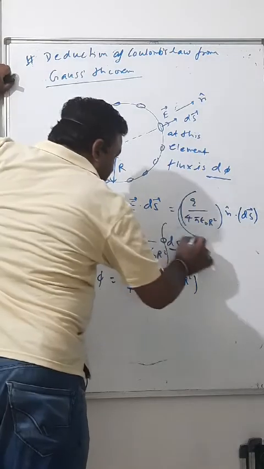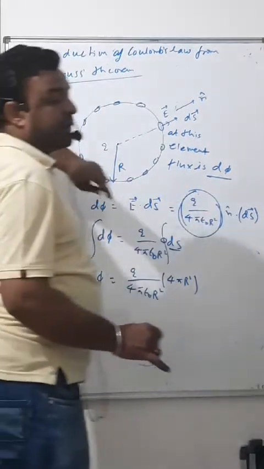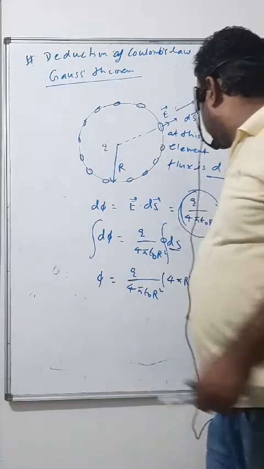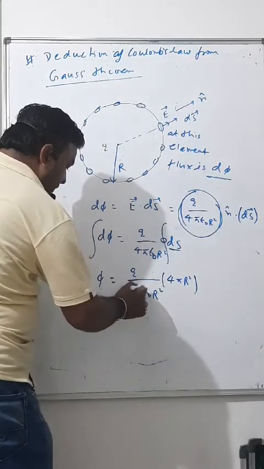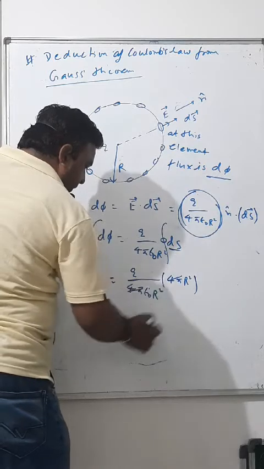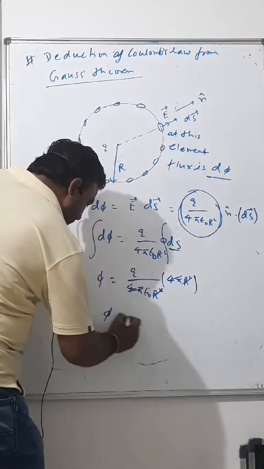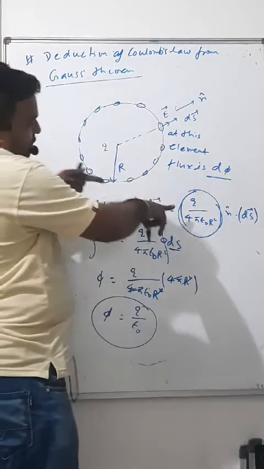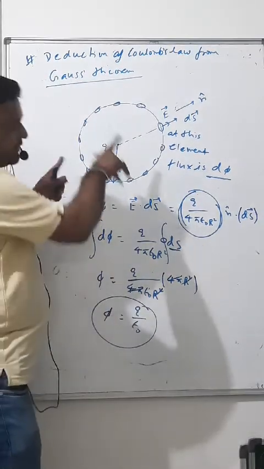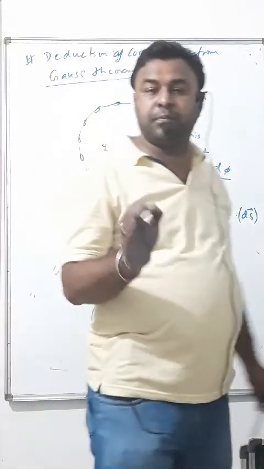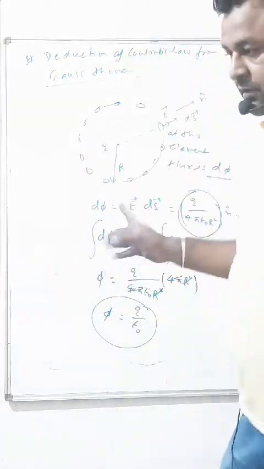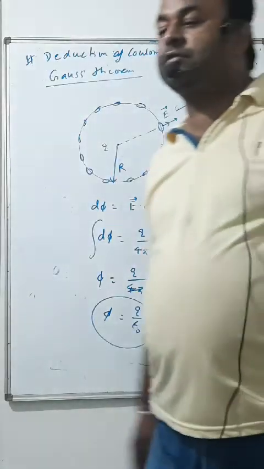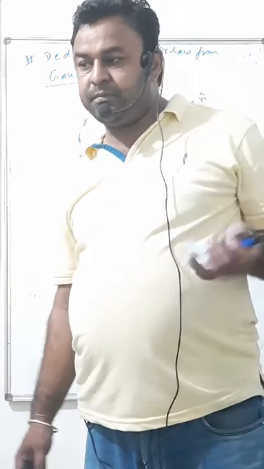Look, I started from the definition of electric field intensity, which is from Coulomb's law. Now Coulomb's law finally gave us this: 4 pi cancels, R square cancels, phi is Q by epsilon naught. Coulomb's law to Gauss law. The reverse also can be done. Now, this simple example proves that Gauss theorem is authentic. Further, there will be lots of applications of Gauss theorem.